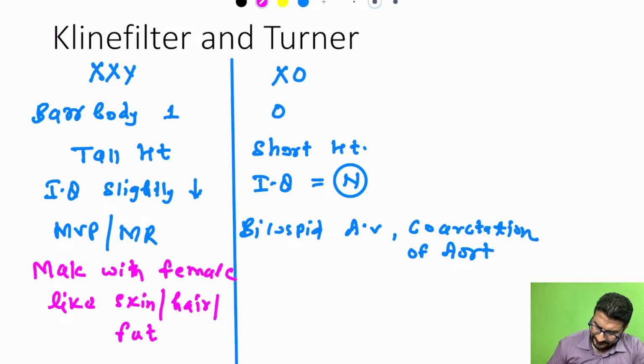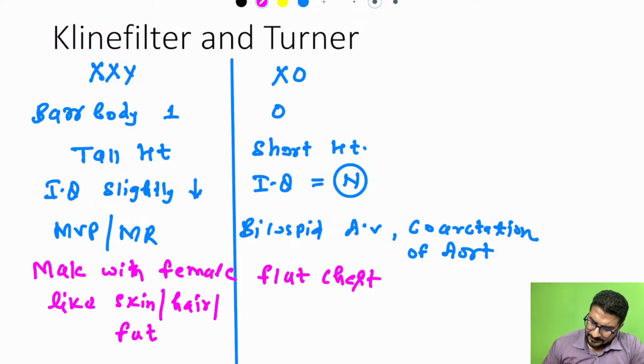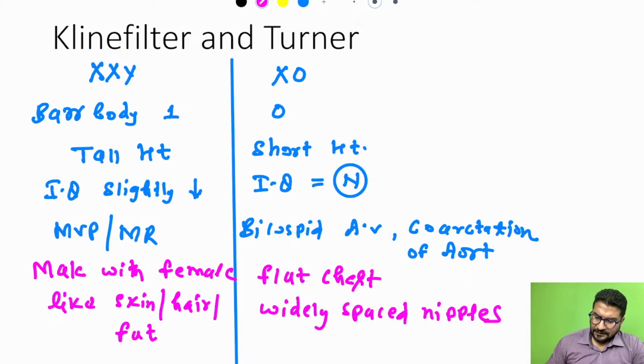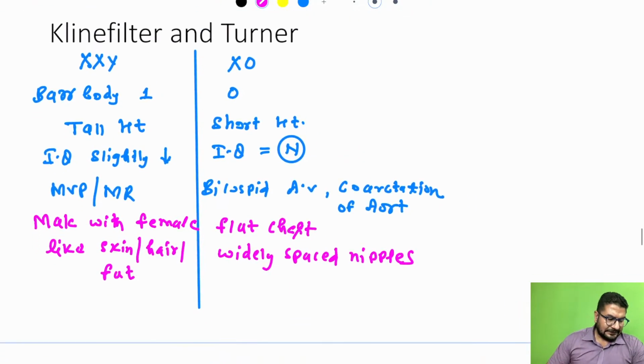Fat distribution भी female जैसा होगा. In Turner you will see a flat chest and widely spaced nipples. So these are the differences which you have to remember in Klinefelter and Turner syndrome.